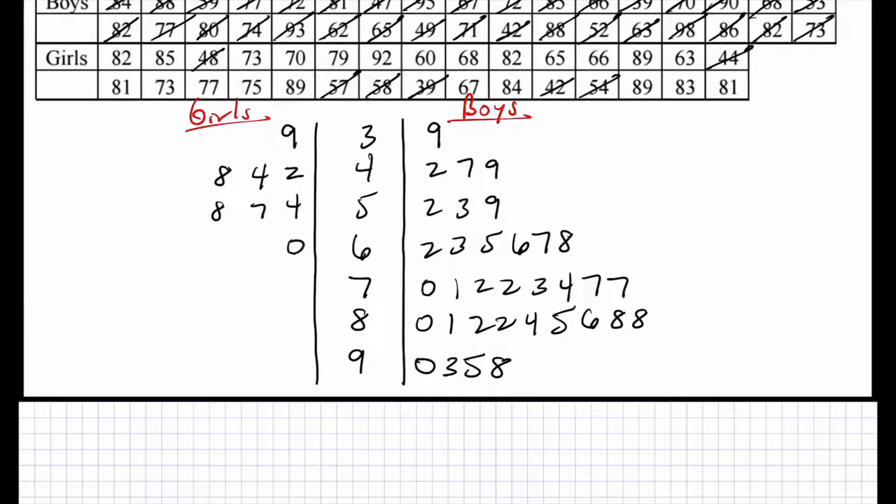60, there's a 60. There's a 63. 65, 66, and 67. And a 68. 70. We start with 70. 2 73s.